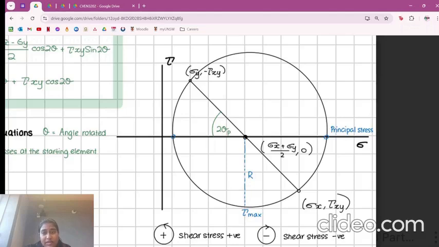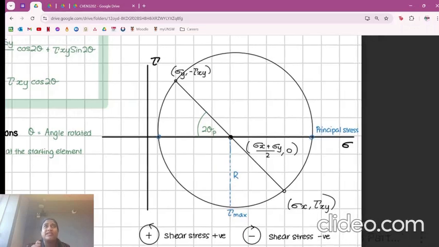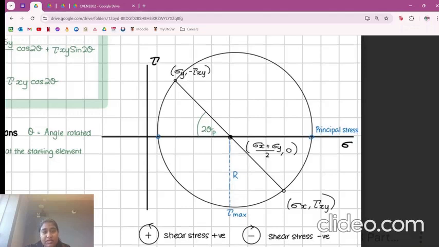These 2 points that I've circled in blue will often be labeled sigma 3 and sigma 1. Those are the principal stresses, and those are really important values because at those 2 points, the shear stress is going to be equal to 0, as you can see on the graph, right?